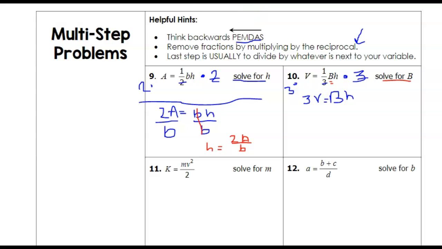Now again, to get rid of h, because I've got to solve for b, I've noticed that h is being multiplied by b. So that means I'm going to divide both sides by h.